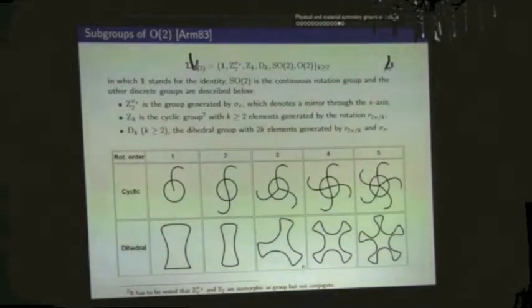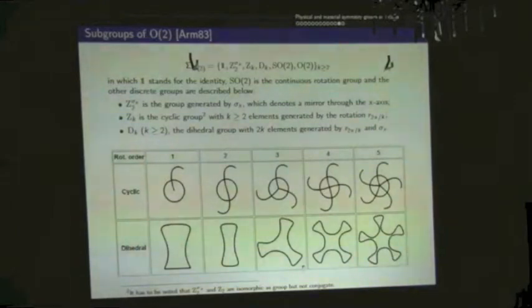It's in fact generated by the rotation of angle 2π over k. So if I take Z2, the rotation that is contained is 2π over 2. So Z2 contains the π rotation, and if you compose it twice, you make a complete rotation and you get your identity element. If I look at the rotations of a triangle, the rotations that leave my triangle invariant are Z3.